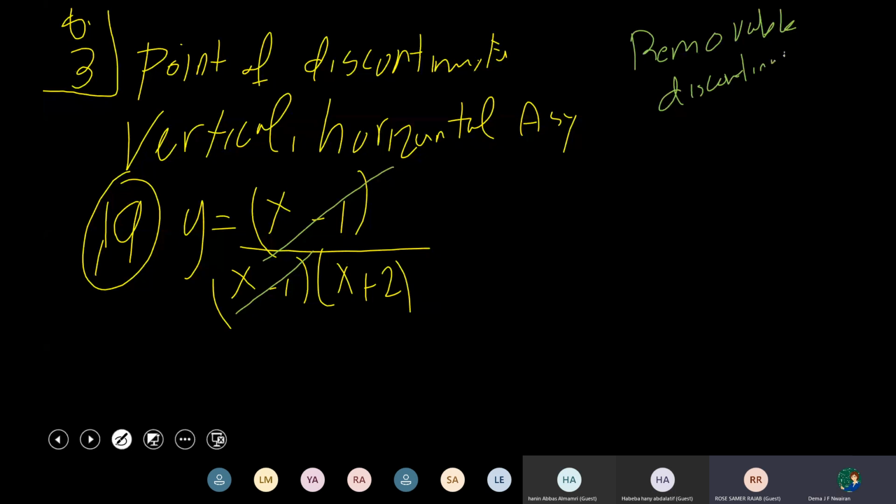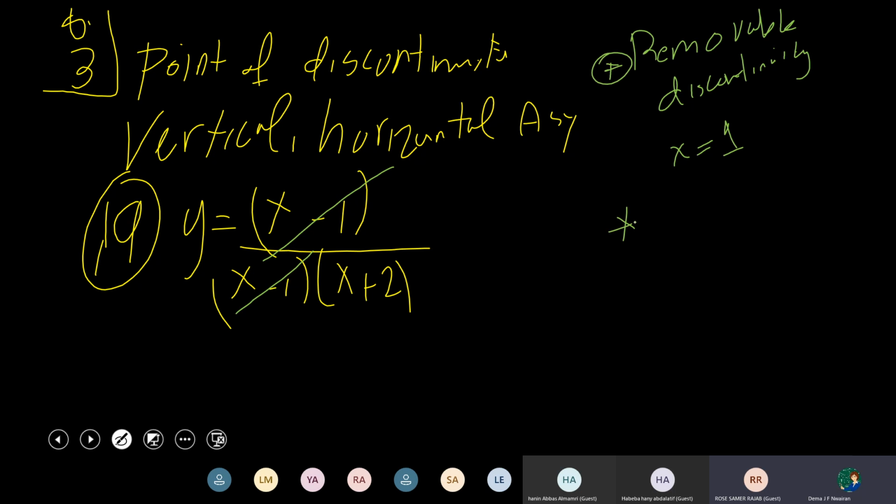At which point? We can read x equal 1. No, no, this is for the removable. Now, what are the points of discontinuity? I want to go step by step.